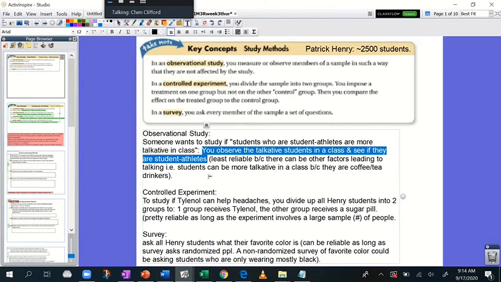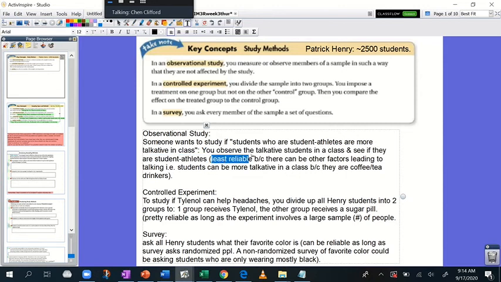So that's why observational studies are not that reliable. They're the least reliable. They can be all right, but in terms of all these different studies you can do, they're probably the least reliable, because there are other factors that can lead to students talking. This is an example, drinking coffee or tea in the morning.